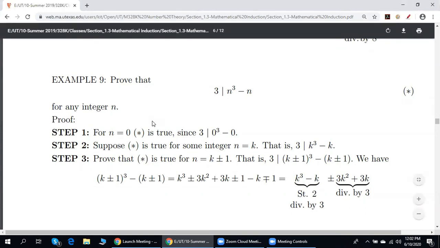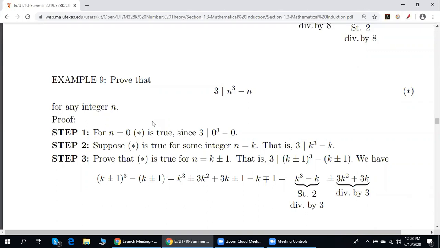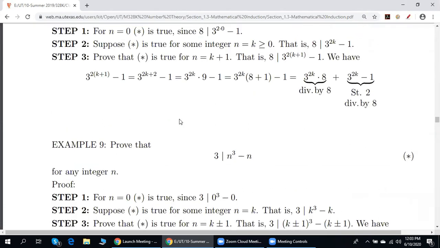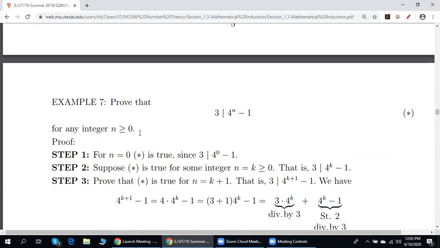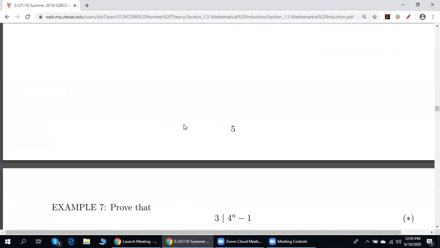There is a difference between example 9 and all previous examples. In all previous examples, there was a lowest term. Here, a lowest term is 0. Here, lowest term is 0.